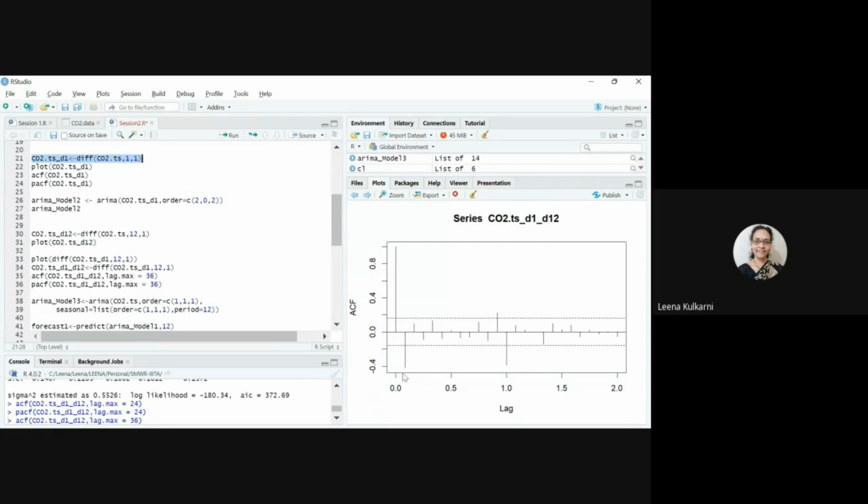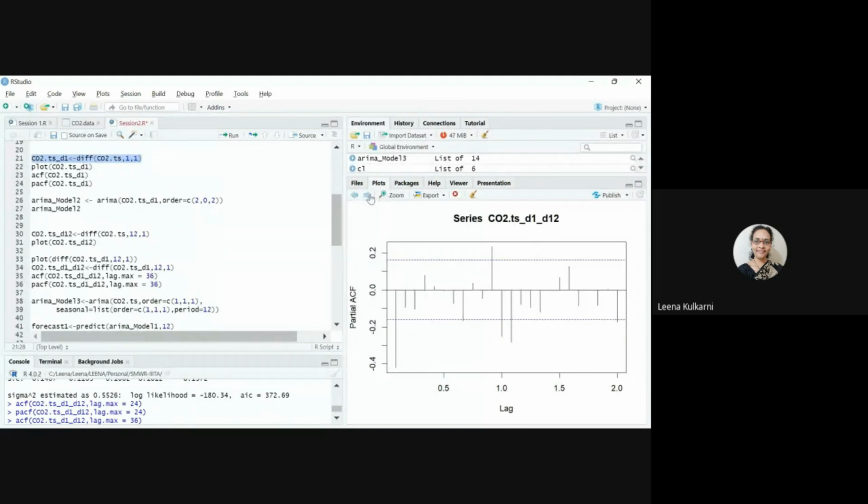You have a spike at lag 1, then you have a spike at lag 12, indicating that the dependence at those lags is very high. So yt is depending on yt minus 1, and yt is depending on yt minus 12. In your regression equation, the ARIMA equation, which is an autoregression equation, this information needs to be captured.